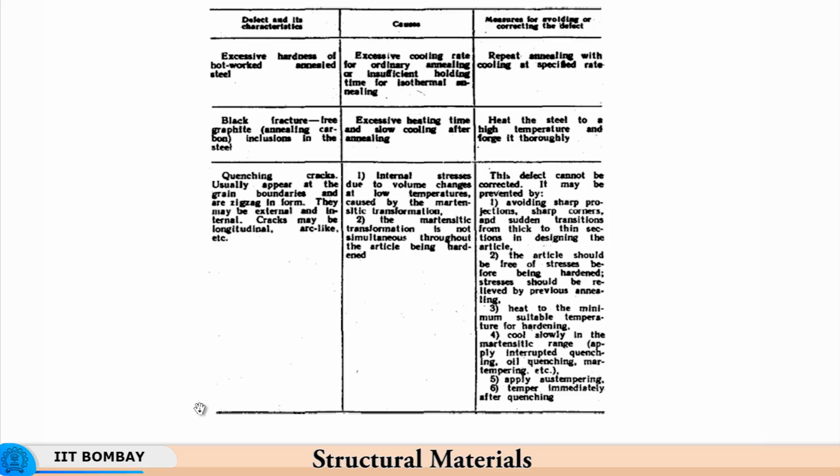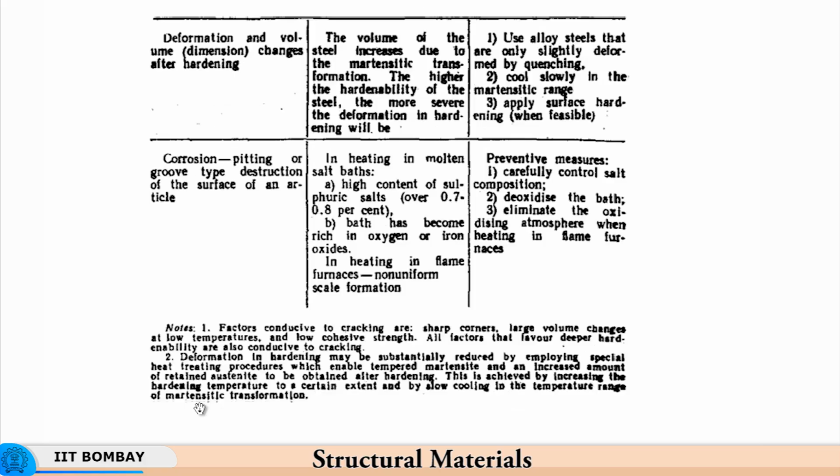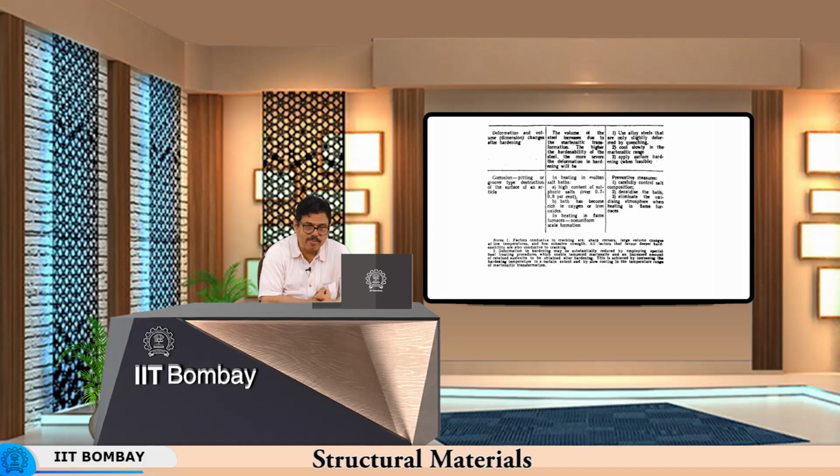So, there are many issues and the remedies are indicated here. There are preventive measures for each kind of issue, like corrosion, for example. You have pitting type of corrosion or groove type of corrosion. When you heat in the molten salt baths, as I said, you have chlorine ions particularly, which are very reactive and they can attack the grain boundaries, and there can also be oxygen present in the salt baths.